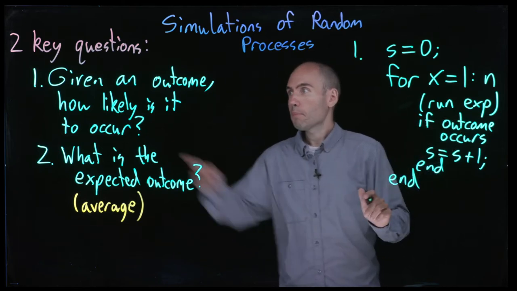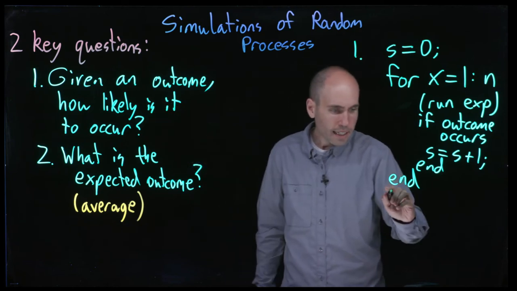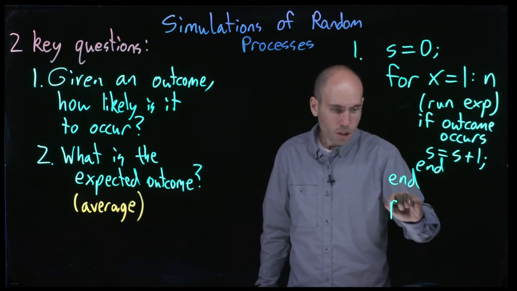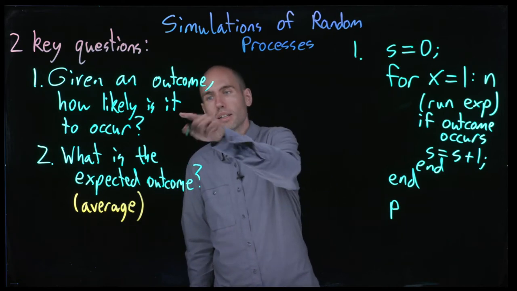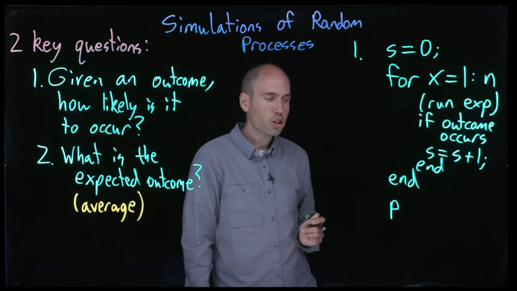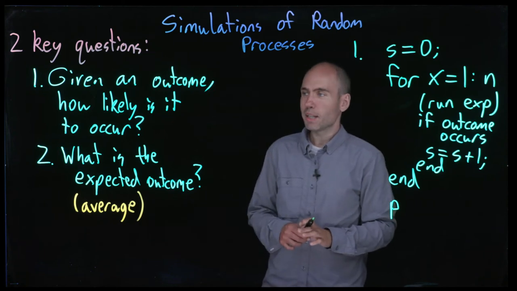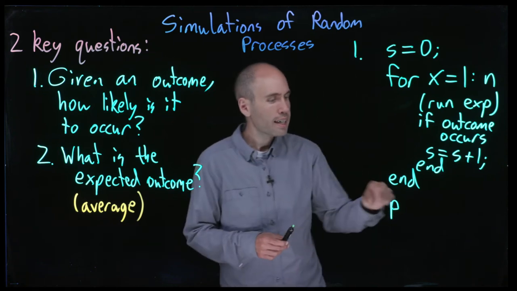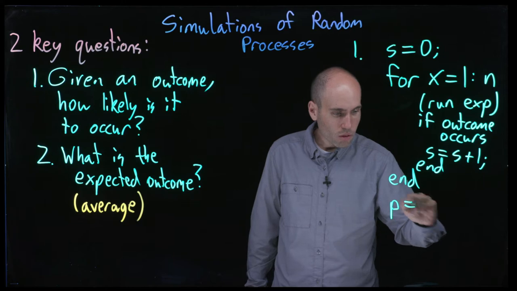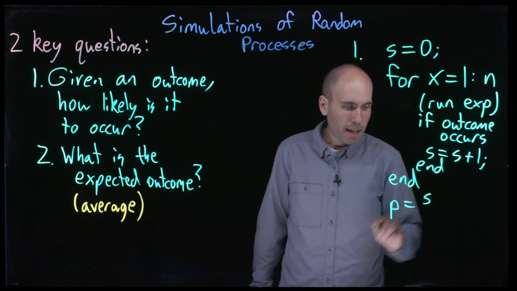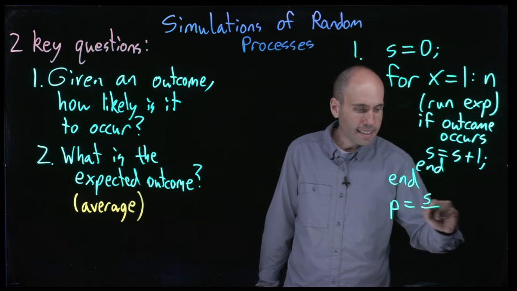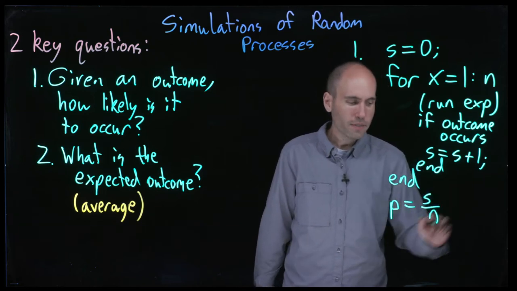And so then the answer to question 1, probability. Well, probabilities are always numbers from 0 to 1. How likely is it to occur? That really means what's the probability that this outcome occurs? And it's not exactly equal to this. This is my estimate. My estimate is the number of successes divided by the number of experiments.